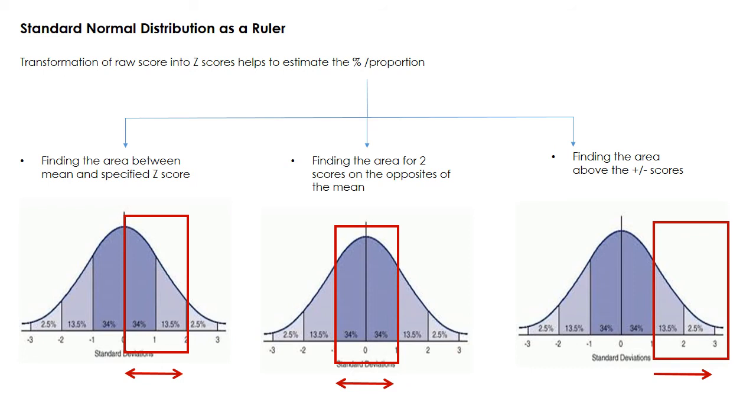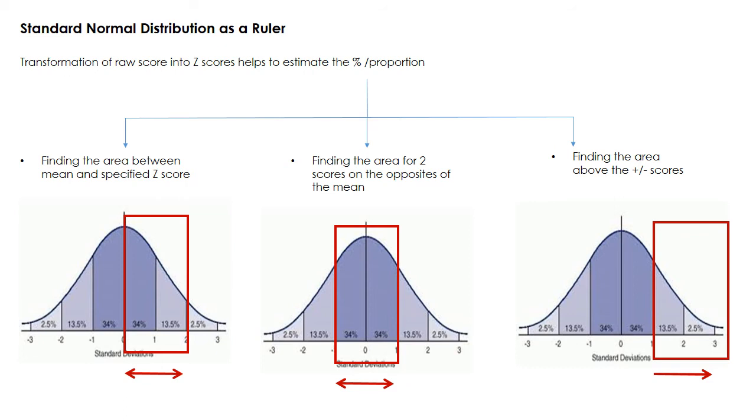We want to find that area and convert it into percentages so that we can interpret the results. Finally, finding the area above positive or negative scores. Here we have a shaded positive z-score, and we are trying to find the area above that particular score. It can be a negative or a positive score, so the box can be below or above the mean.